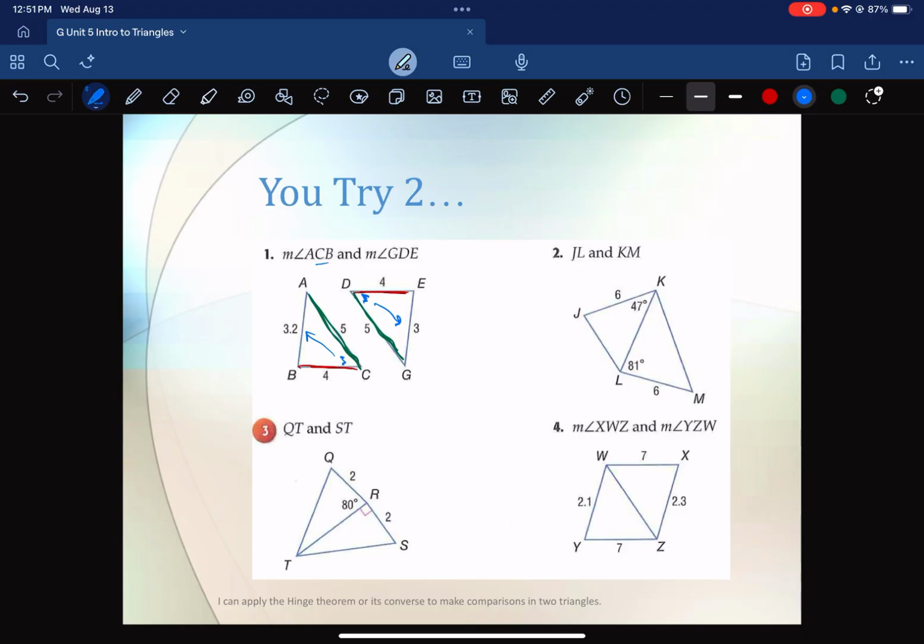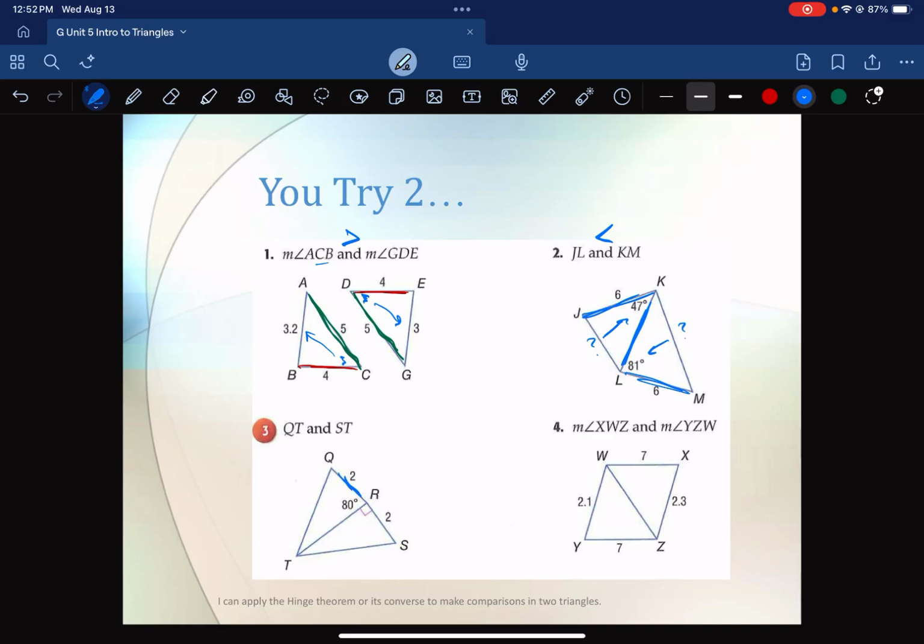Well, that means angle C is bigger, so there's my comparison. Here's 6 and 6, and they share this side here. So we're comparing this side to this side. Well, which one's across from the larger angle? Well, 81, so KM is larger.